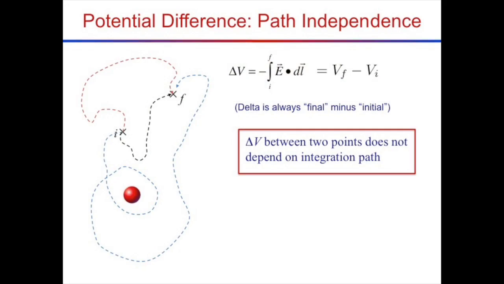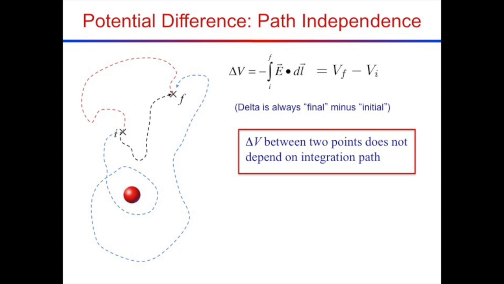Okay. All right, and now if I think of taking lots of baby steps, I can build up any path I want. So in thinking about the potential difference from some initial point to a final point, we had this equation already that change in potential is minus the integral from initial to final point of E dot dl, where again you need to draw a diagram and tell me the path you're going to take from initial to final point.